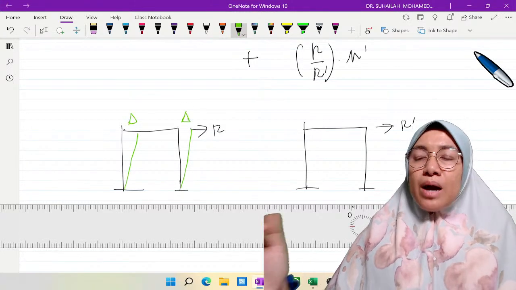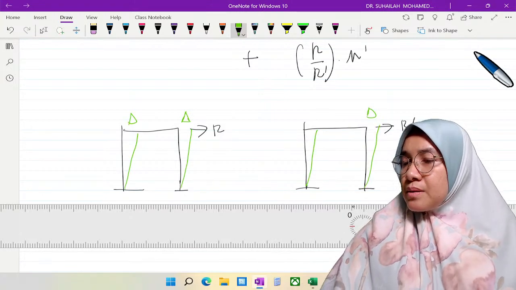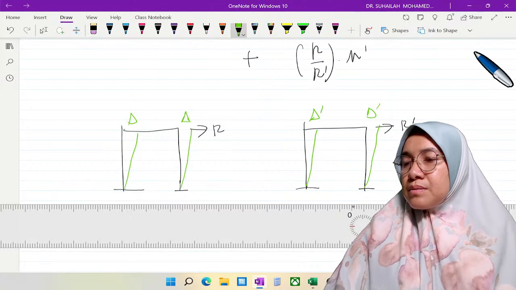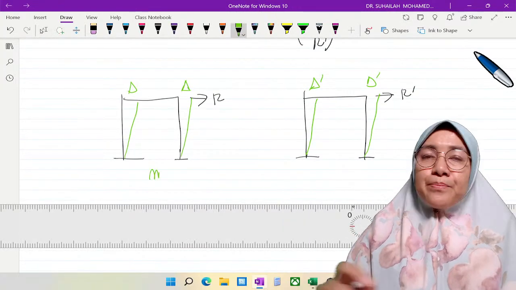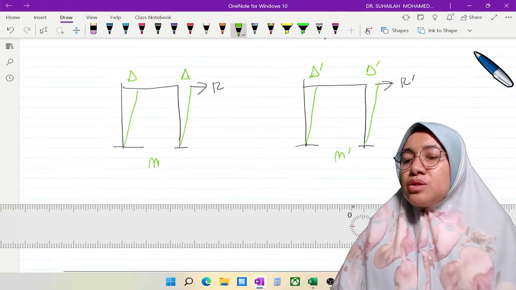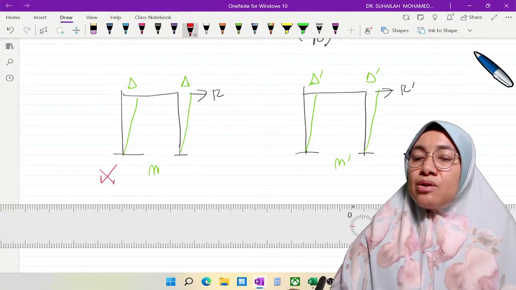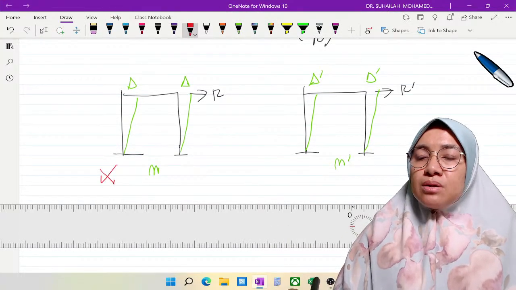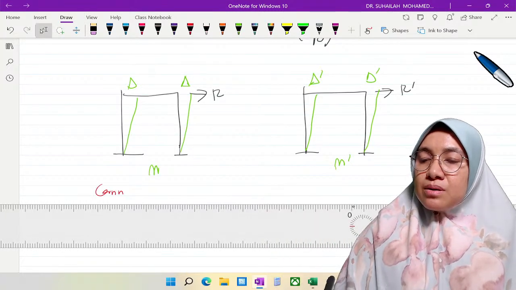So due to R prime there will be delta prime. Due to delta there will be M, and due to delta prime there will be M prime. Because we cannot assume this.